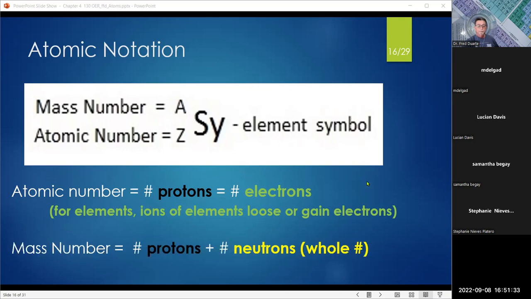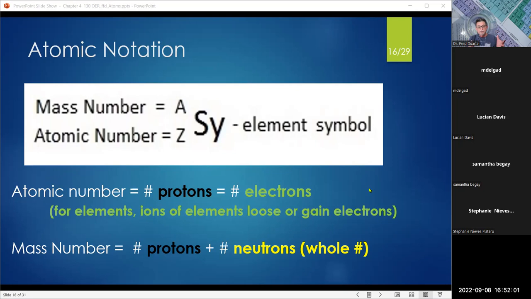Right. So how do we determine the mass number? Well, the mass number is the sum of the protons and the neutrons. Now, for every element, the number of neutrons within the element can be different.